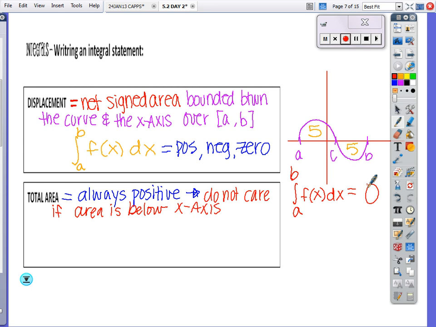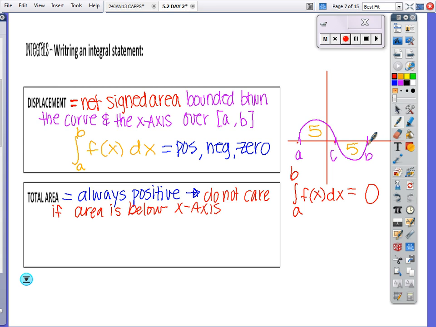I'm going to ask 2 more questions without writing them down here. What if I ask you to find the integral from A to C? How much is that integral? All right, Nathan? Positive or negative? Positive 5. If I ask you to find the integral just from C to B, raise your hand if you know that. Joshua? Negative 5, why?